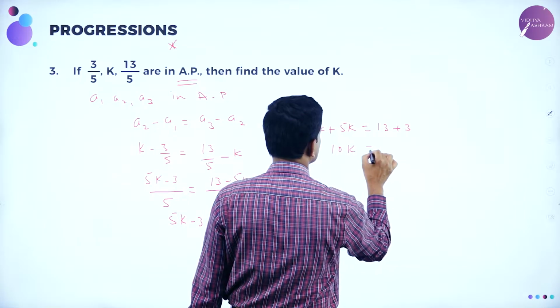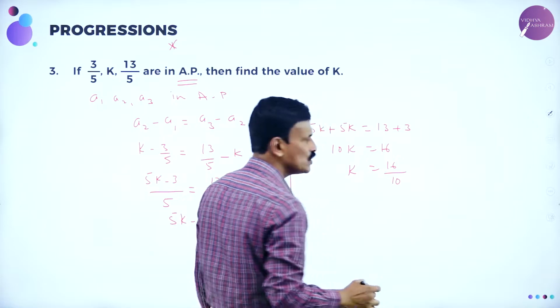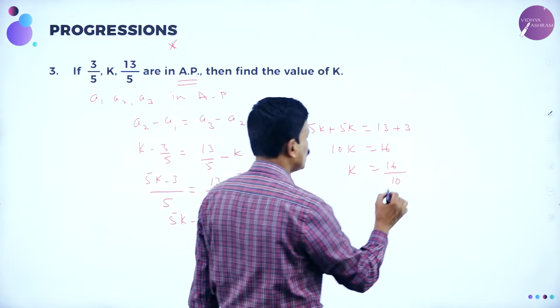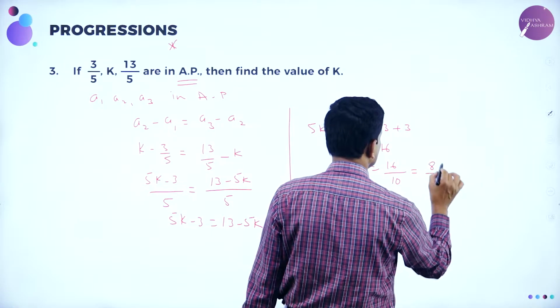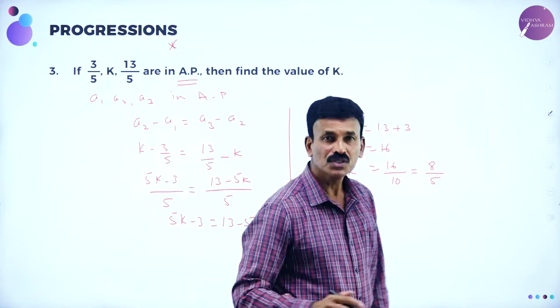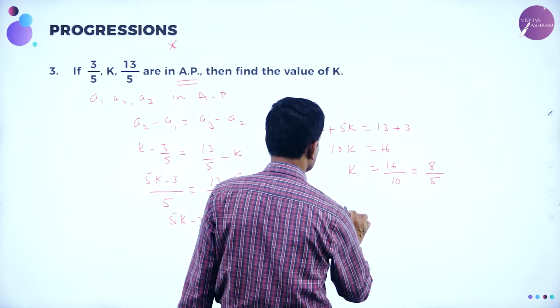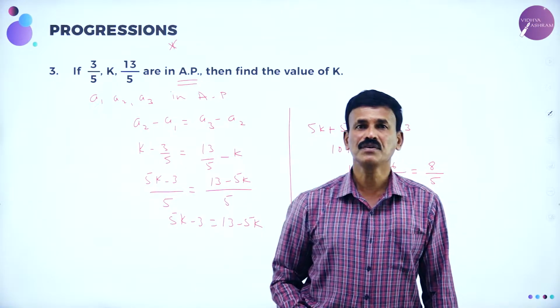So 10k is equal to 16, k is equal to 16 by 10. If you divide by 2, 2 5s are 10, 2 8s are 16, 8 by 5. That's it. k is equal to 8 by 5. So therefore the value of k is 8 by 5.